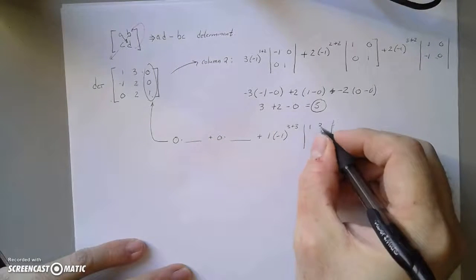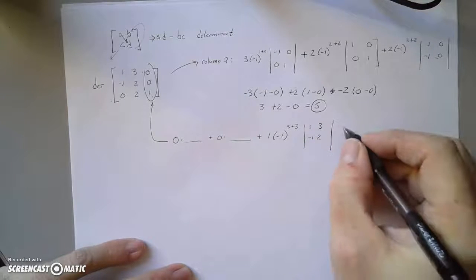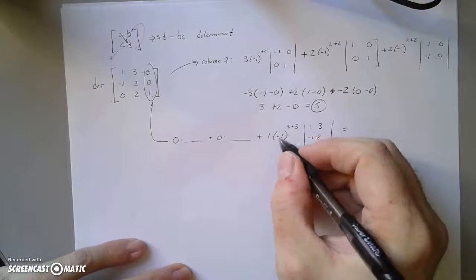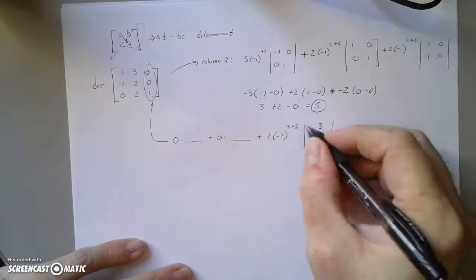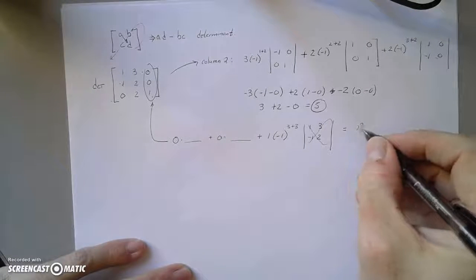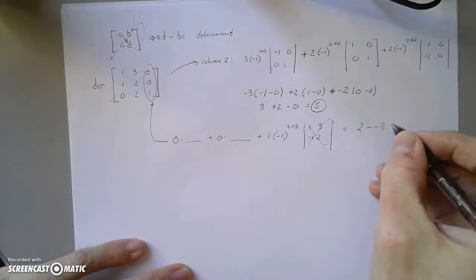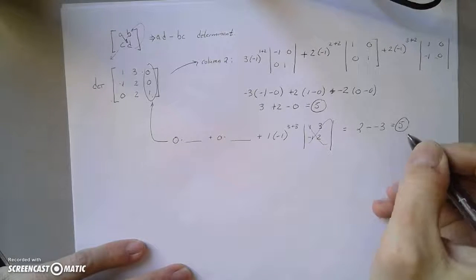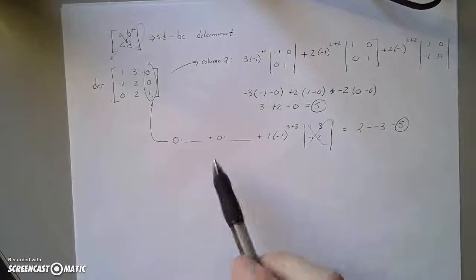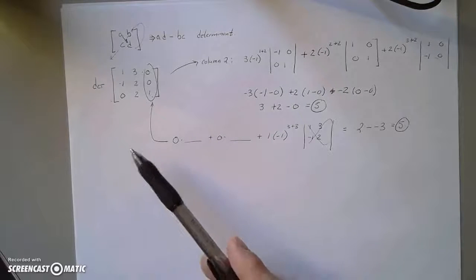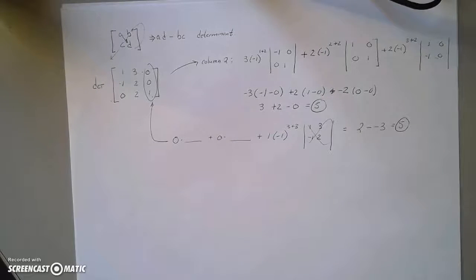So it's 1, 3, minus 1, 2. So that's 6, that's positive. So this is going to be 2 minus a minus 3, which is 5. So you can see it makes quite a bit of difference which ones you choose.